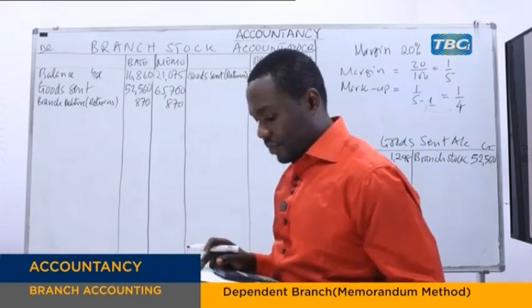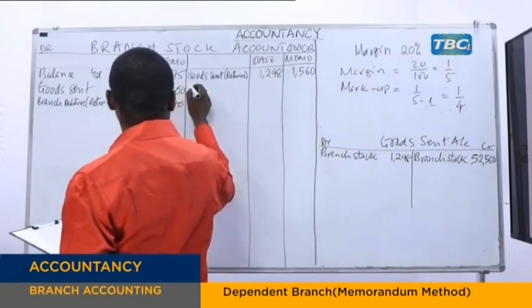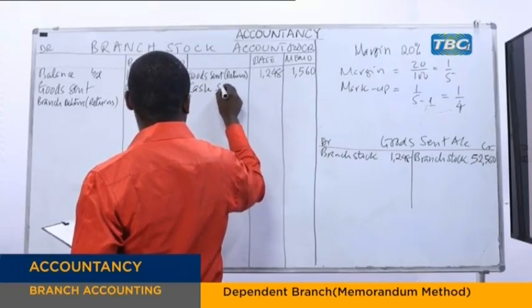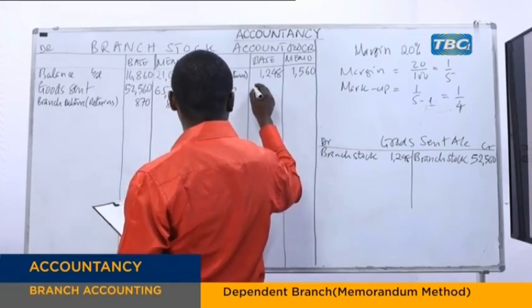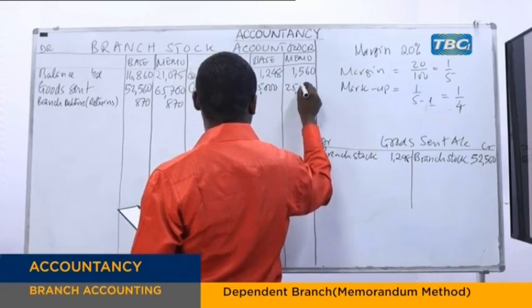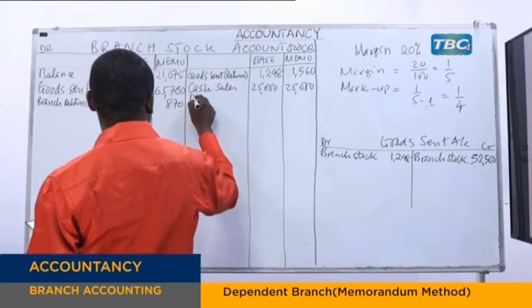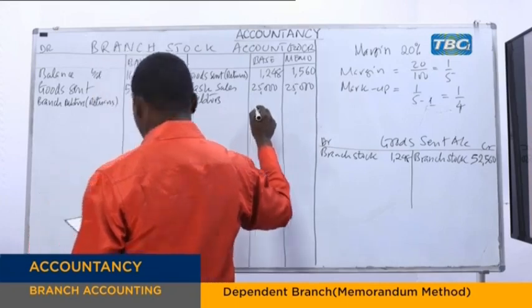Well, there were cash sales. So cash sales, it was 25,000. You record it at selling price in both columns. There were credit sales sent to the debtors account.